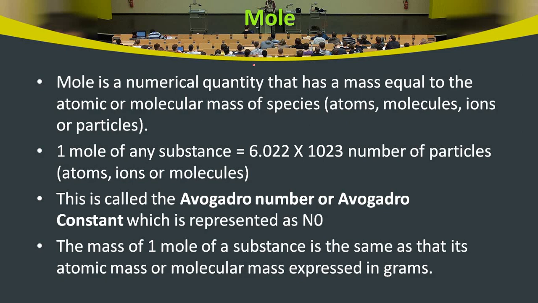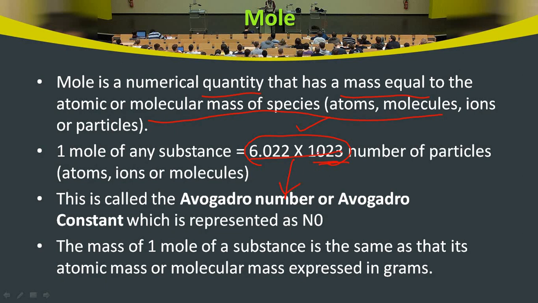Similarly, mole is also a fixed value, and its value is 6.02 into 10 to the power 23 number of particles. So mole is a numerical quantity. It's a fixed value, and that has a mass equal to the atomic or molecular mass of the element. So you remember this, and this is also called Avogadro number or Avogadro constant.